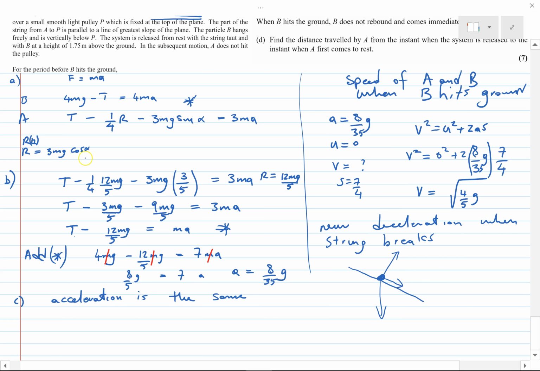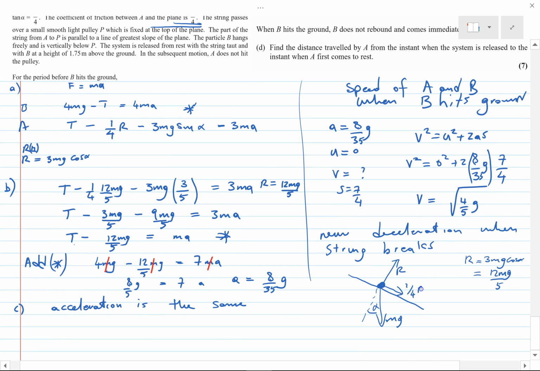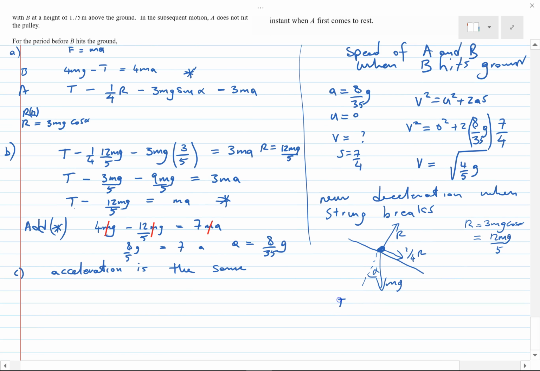R is still going to be equal to 3mg cos alpha, which is equal to 12mg/5. R won't change. R will still be that from the resolving equation. Mu is still equal to 1/4, but we need to apply F equals ma to work out the new deceleration.